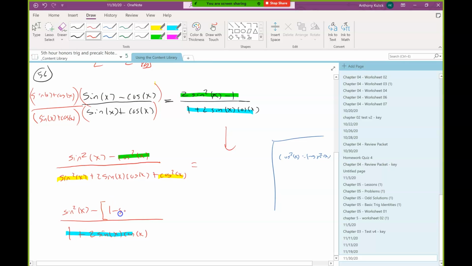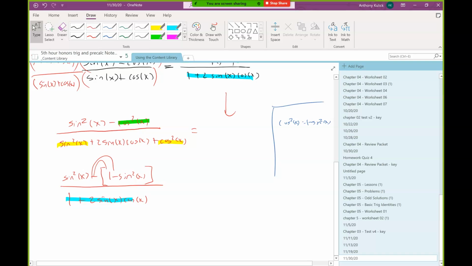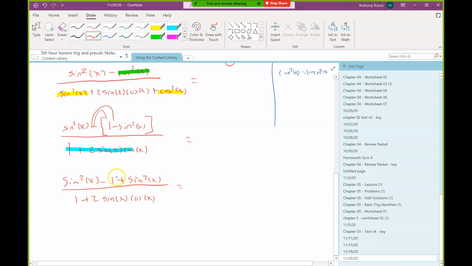So we have to be a little bit careful here because the cosine squared was negative. So all of 1 minus sine squared needs to also be negative. So I'm going to put a parenthesis around it, and then distribute that negative through the parenthesis. And then sine squared and sine squared becomes 2 sine squared.